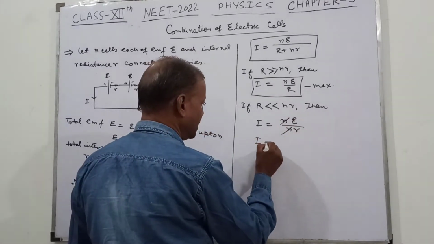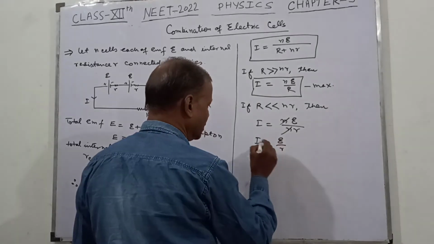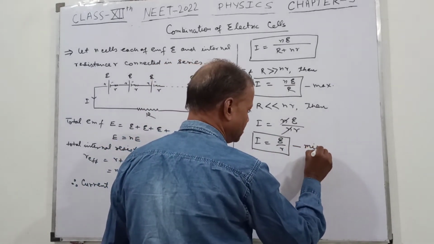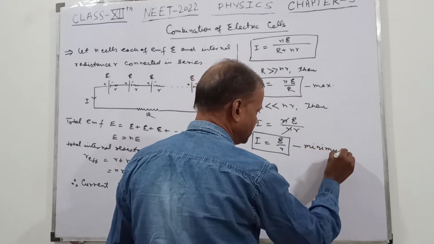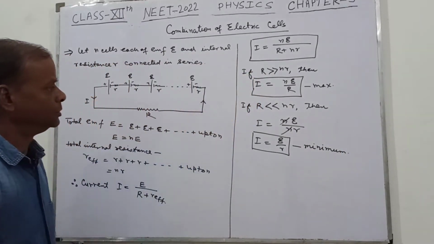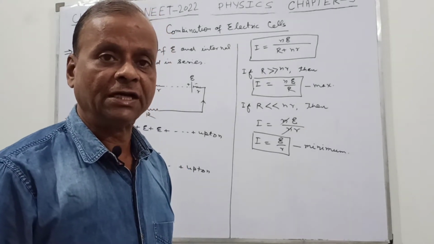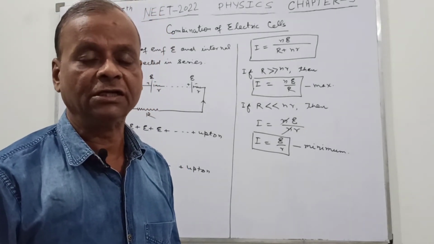So we have I equal to E upon R. This is the minimum current. So the cells must be used in series only when the external resistance is more than the internal resistance.